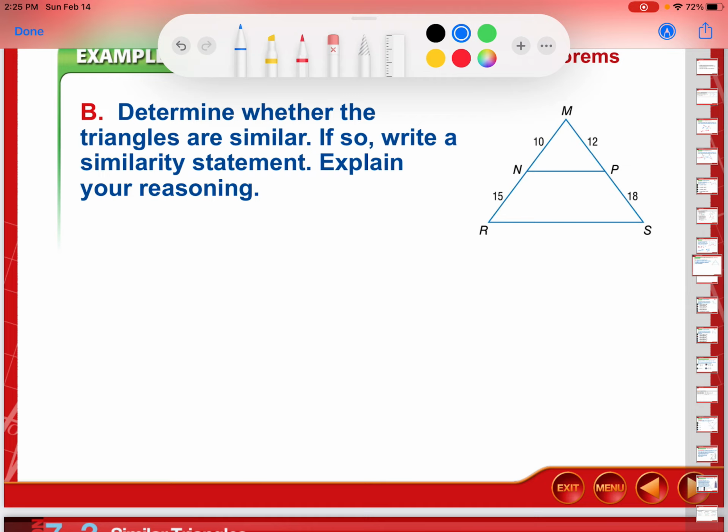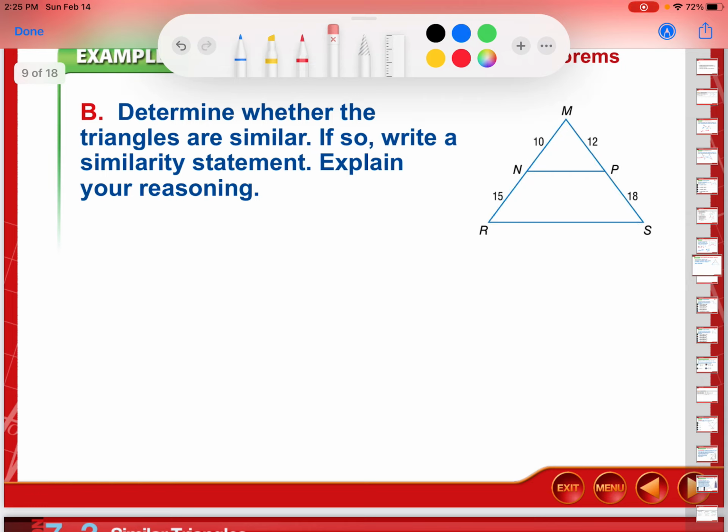If so, write a similarity statement. Now, there is a fun fact on these. Anytime you have a big triangle that has been cut into a smaller triangle using two of the same sides, then you have similar triangles.